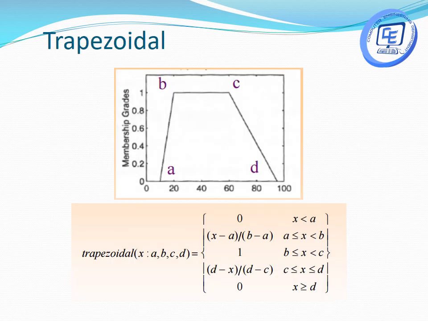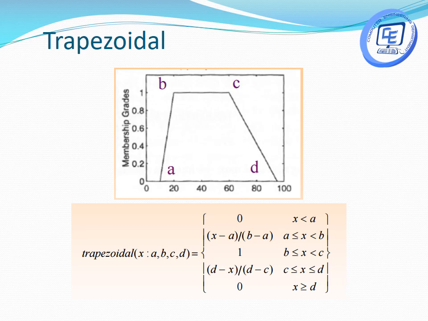Now what about the trapezoidal membership function? It's almost the same as triangular, but it has one more additional value. When x is below a, it will be 0. When x is above d, then it will be 0. When x is between a and b, the value is x minus a divided by b minus a.